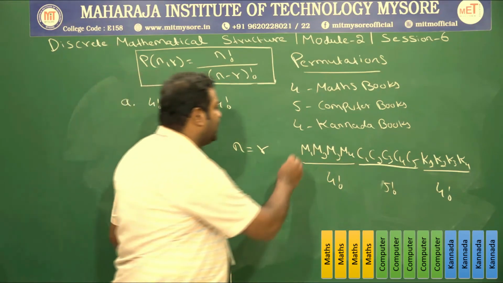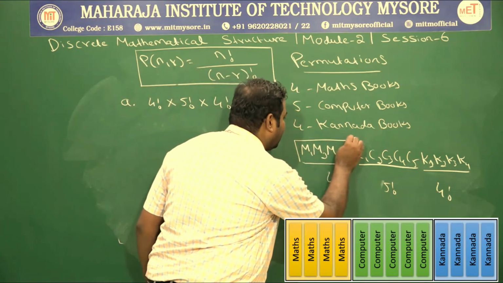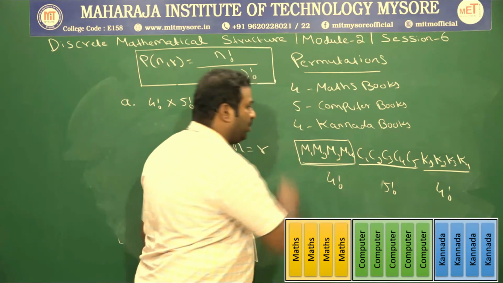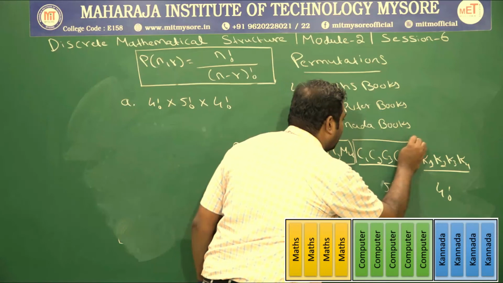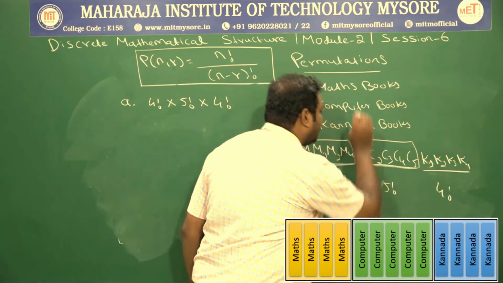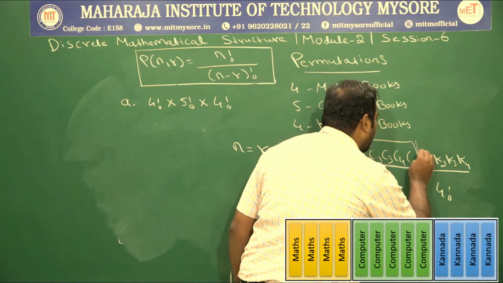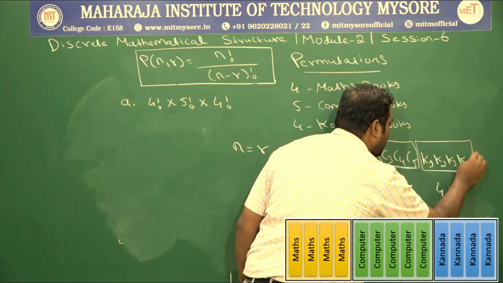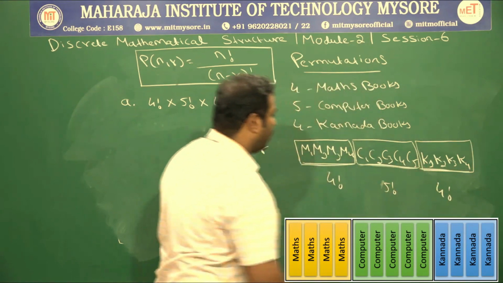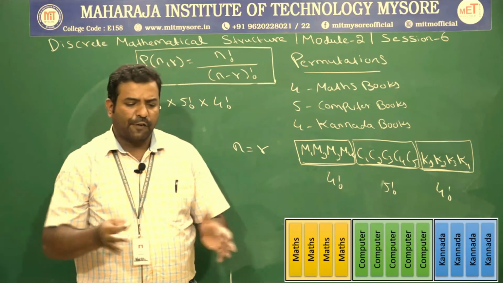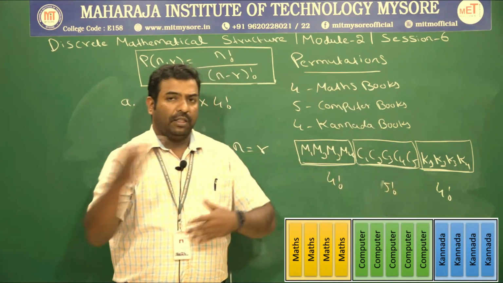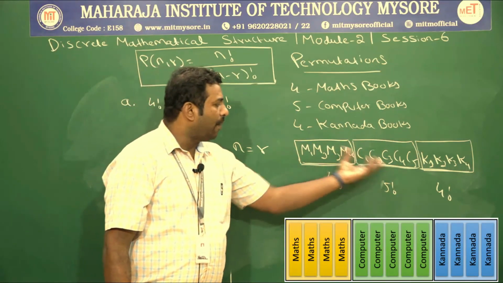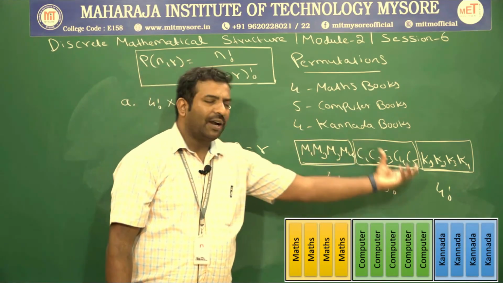But now just imagine this as one complete set, one block of books, this as the second block of books, and this as the next block of books. Now can I arrange these? First mathematics, then computer block, then Kannada block. In the other way, I can have computer block, mathematics block and Kannada block.